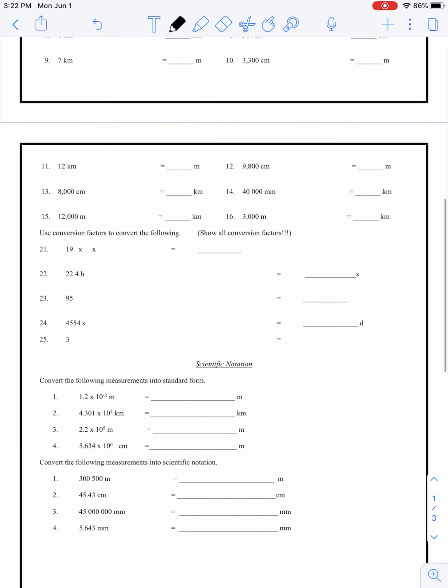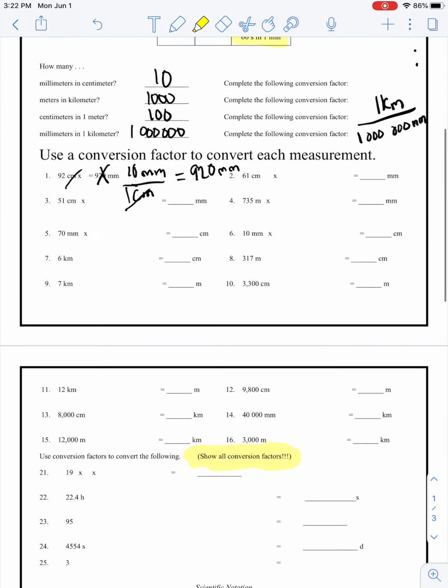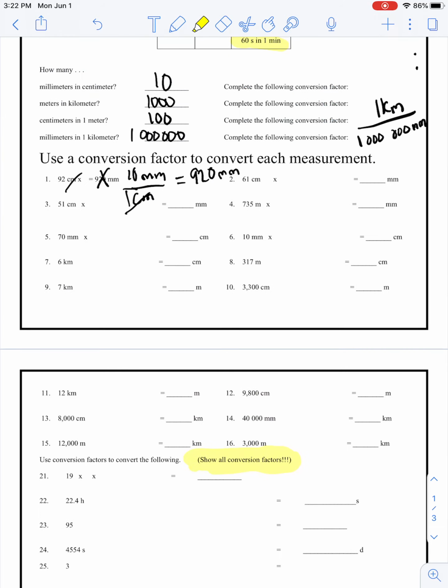Using conversion factors for time. Show all conversion factors. Again, it just makes things nice and neat. I really like to see what I did up here, which is the cancellation of units, right? You know that a centimeter divided by a centimeter is just gone. They cancel.